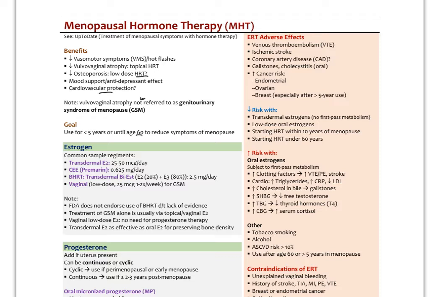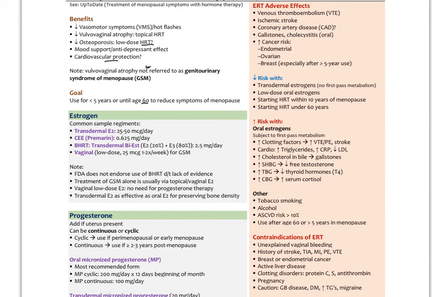So some common regimens with estrogen for menopause would be, again, transdermal estradiol, 20 to 50 micrograms a day, the Premarin, 0.625 milligrams a day, and the bioidentical hormone replacements, that would be the transdermal Biest. So it'd be 20% estradiol, 80% estriol, for a total of 2.5 milligrams a day.